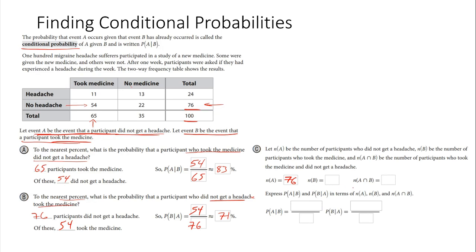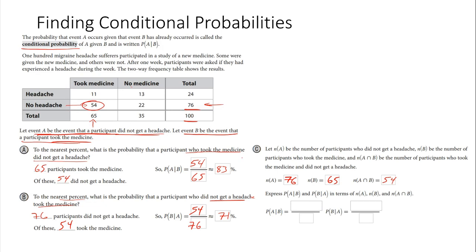That was 65. Now, how many are in A intersecting B? So they're in both events. That would be 54 from up here. They took meds and they had no headache. So the intersection would be 54 people.